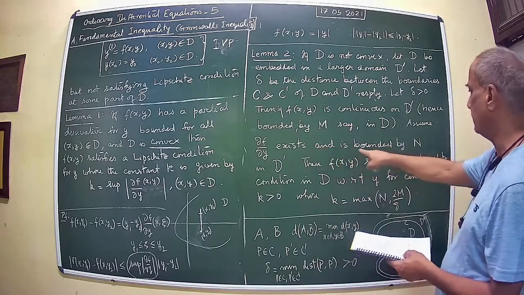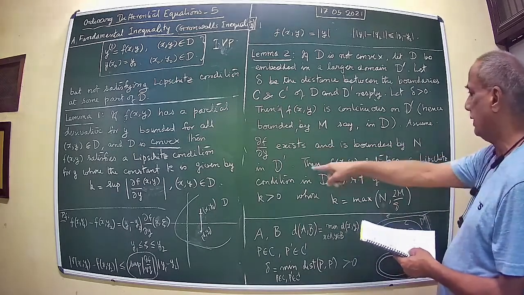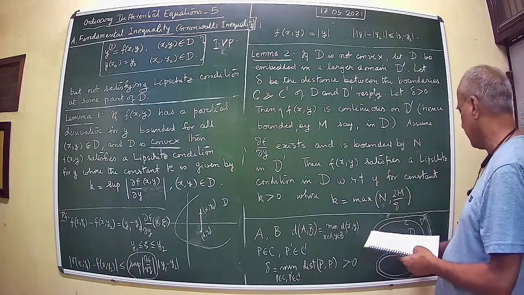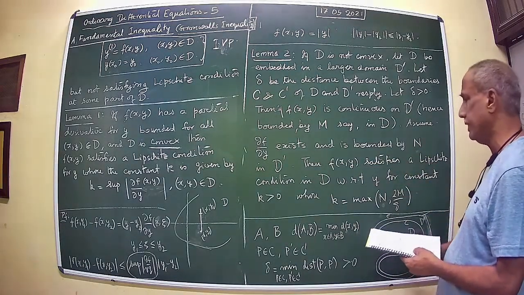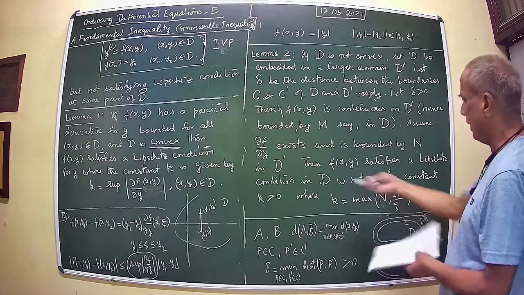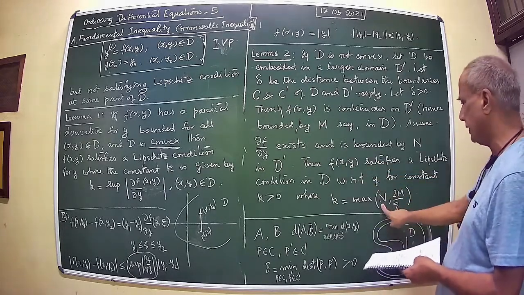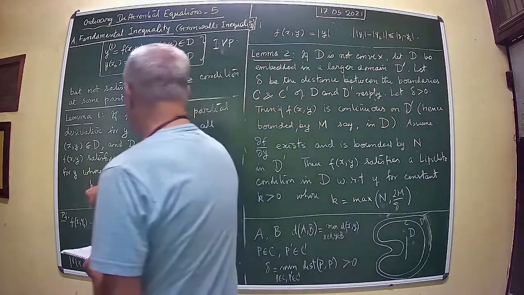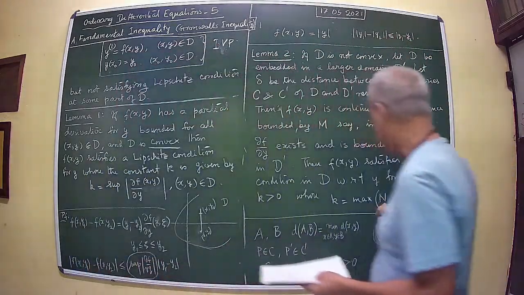Df by dy exists and is bounded by n in D prime. So if it is contained in D itself, it is in D prime, and therefore you can use n. Therefore the k that emerges here will be n in that case.